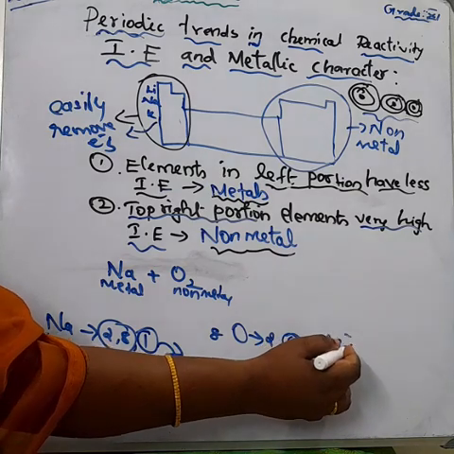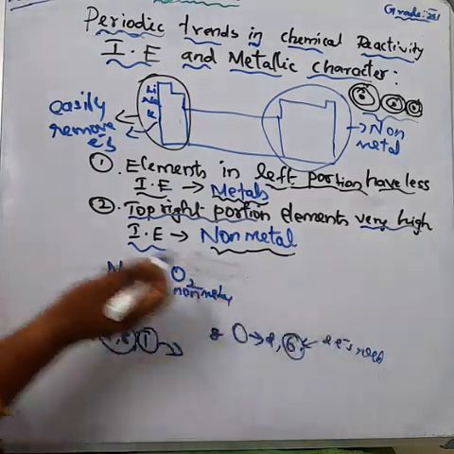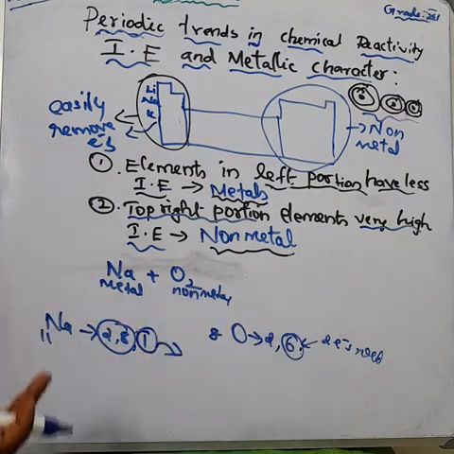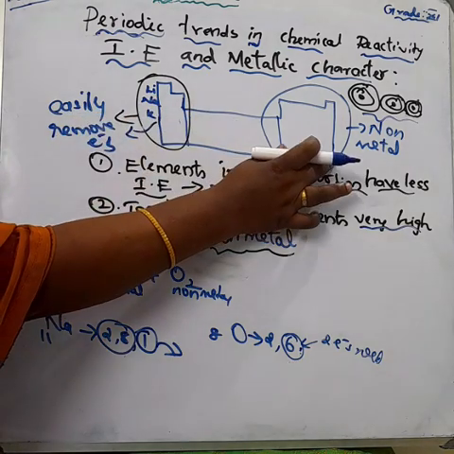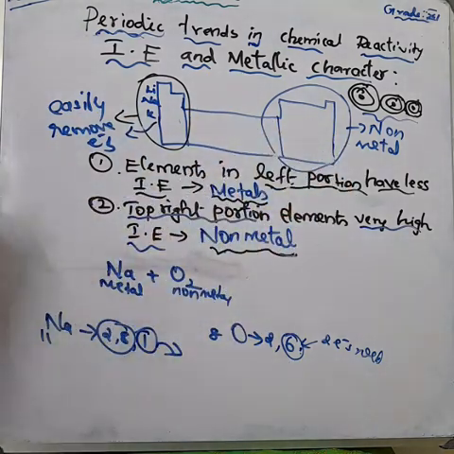It is difficult to remove 6 electrons, but easy to add 2 electrons in the outermost orbit. So these elements at the top right of the periodic table we call non-metals, because they always attract electrons and cannot lose them. Understood? So this is called a non-metal.